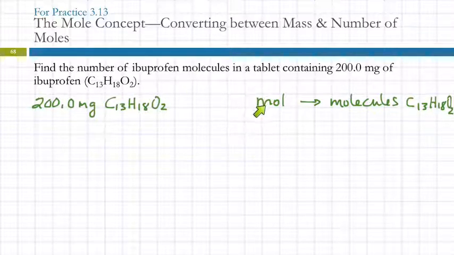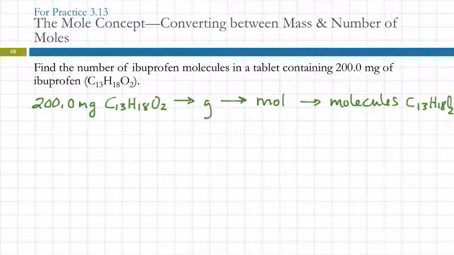Milligrams to moles. What did we just learn how to convert between? Grams and moles, right? So if I had grams in here, I could convert to moles. That conversion factor is the molar mass. And this would be milligrams to grams, and we should be able to do that because we know what the prefix milli means. So I've come up with the path. That's the hardest part.